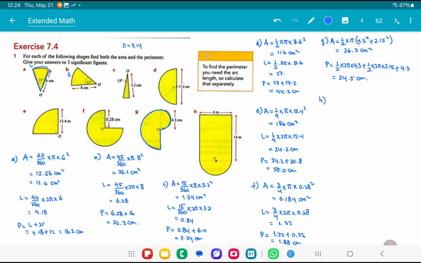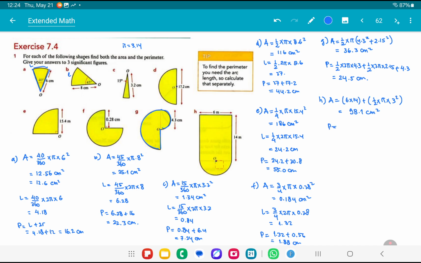For question H, we got two areas. The first one is the area of a rectangle, 6 multiplied by 14, plus the area of a semicircle. The diameter equals 6, so the radius equals 3. So the final answer, 6 multiplied by 14 plus half of pi multiplied by 9, is 98.1 centimeter squared.